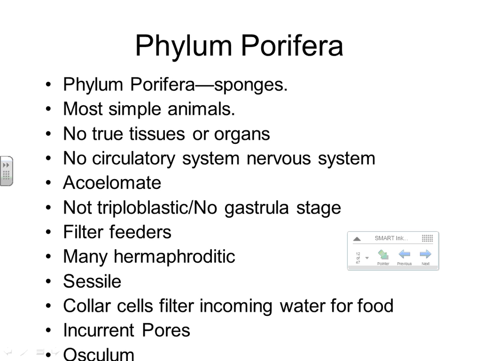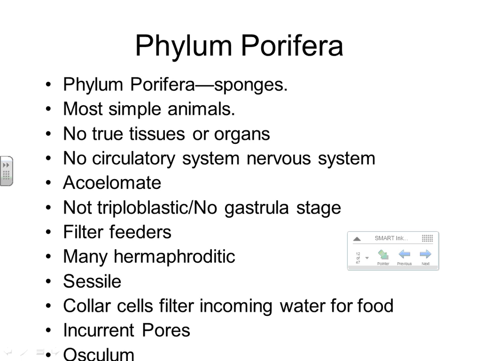The reason they're animals is because they are eukaryotic, multicellular, no cell walls. They are heterotrophic. They can't do photosynthesis. And at some point in their lives, they can move. Not as adults usually, but as larvae, sponges have the ability to move around.